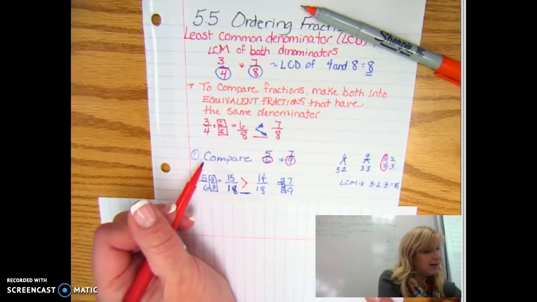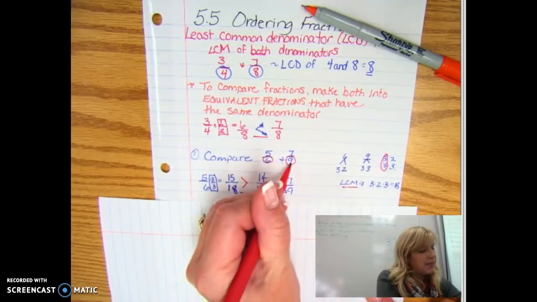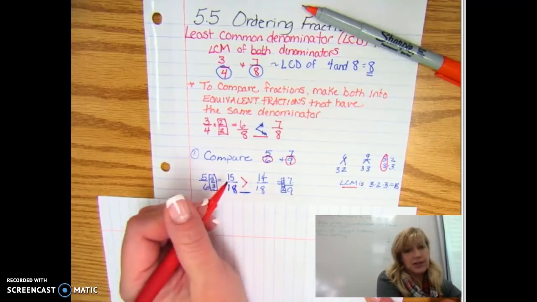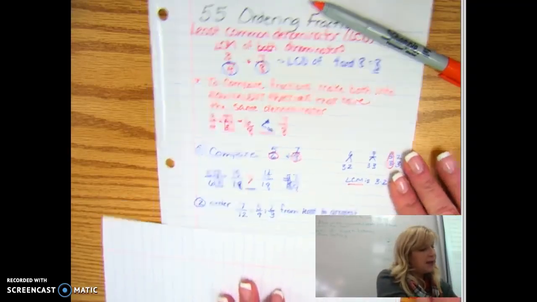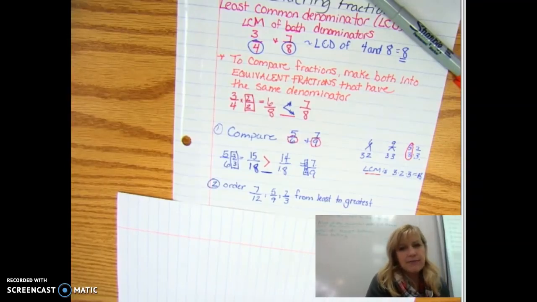Remember, we got that by finding the LCM between the two denominators, and then we made both of these into equivalent fractions and we compared. Some of the things that you are going to be asked to do is put these fractions in order. You can guess. A lot of times you're going to be wrong.